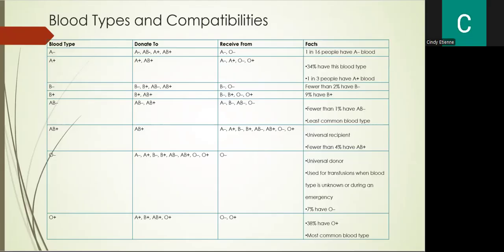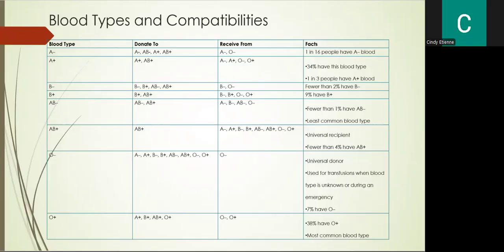Since there are no foreign antigens for the recipient's immune system to attack, O negative blood can be given to almost anyone during an emergency, especially when the patient's blood type is unknown. AB positive is a universal recipient. Patients with AB positive blood have both A and B antigens and the RH factor, so they can safely receive red blood cells from any blood type.